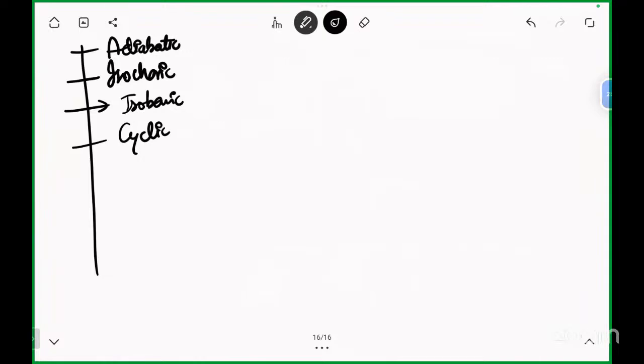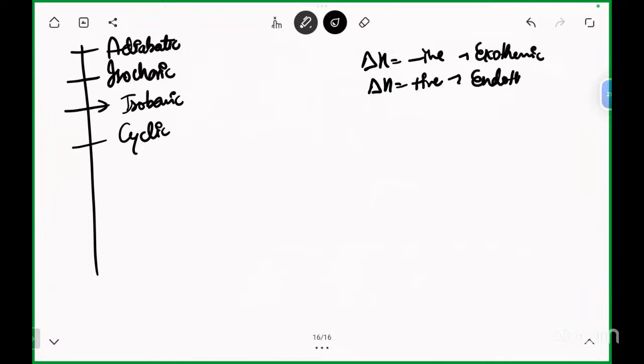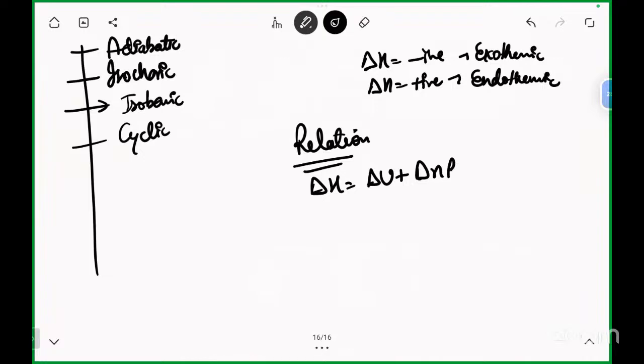Delta H value: remember, negative delta H is exothermic, and positive delta H is endothermic. This is important. Just remember one relation: delta H equals delta U plus delta n RT.